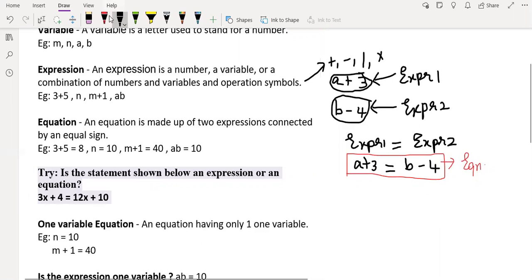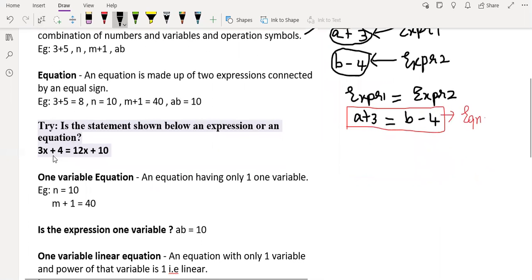Let's analyze whether it is an expression or an equation. Consider only the left hand side, and then only the right hand side. So the left hand side is nothing but 3x plus 4.